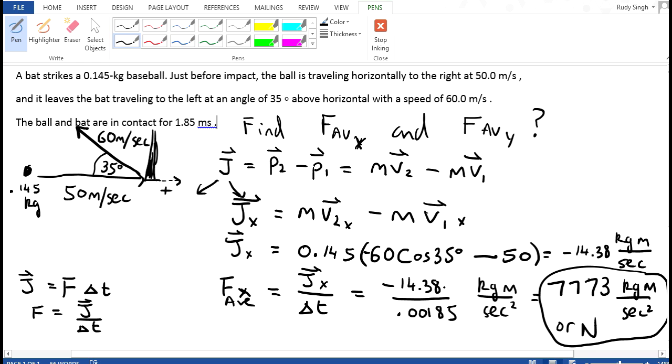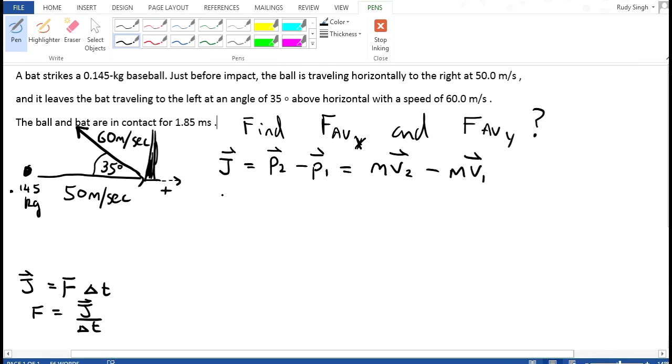Now let's find the force in the y direction. First of all, we need to find the impulse in the y direction, so Jy, and that's equal to m v2 in the y direction minus m v1 in the y direction.